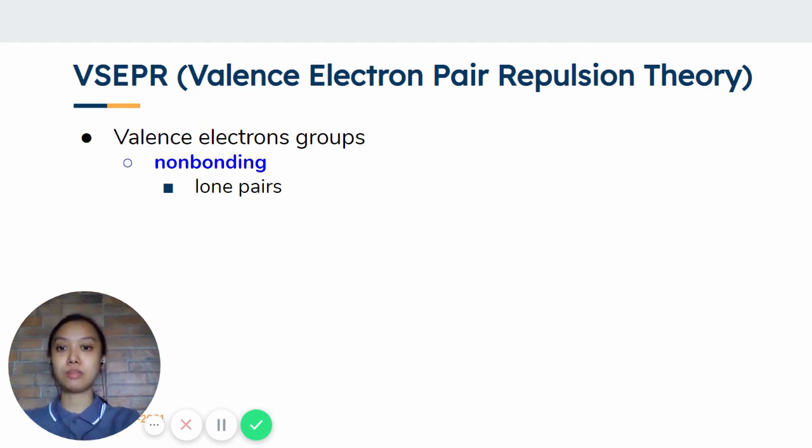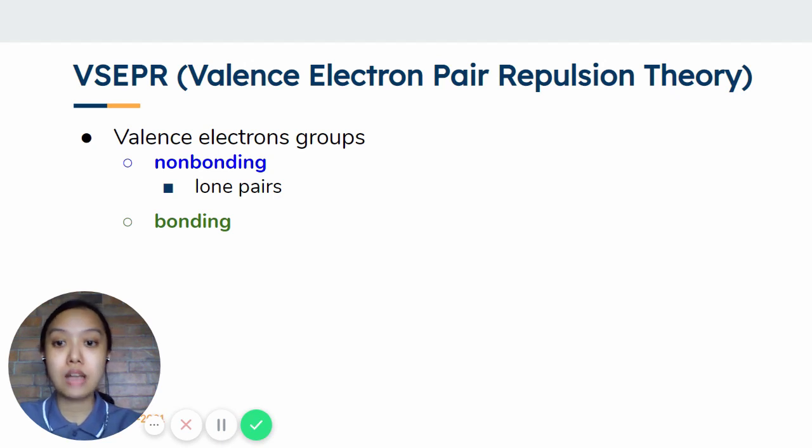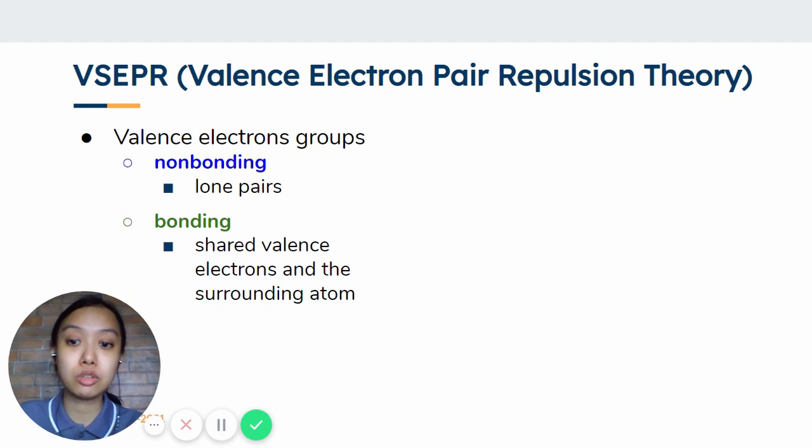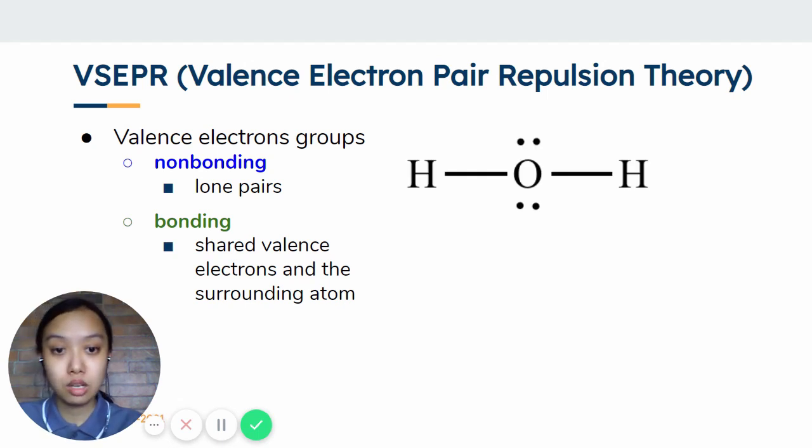So just to take note, there are certain rules that we have to follow. First is that lone pairs are non-bonding, so we can't really form bonds with other atoms because they are lone pairs. And of course, we also have your bonding electrons, which are the valence electrons that are shared between the atoms.